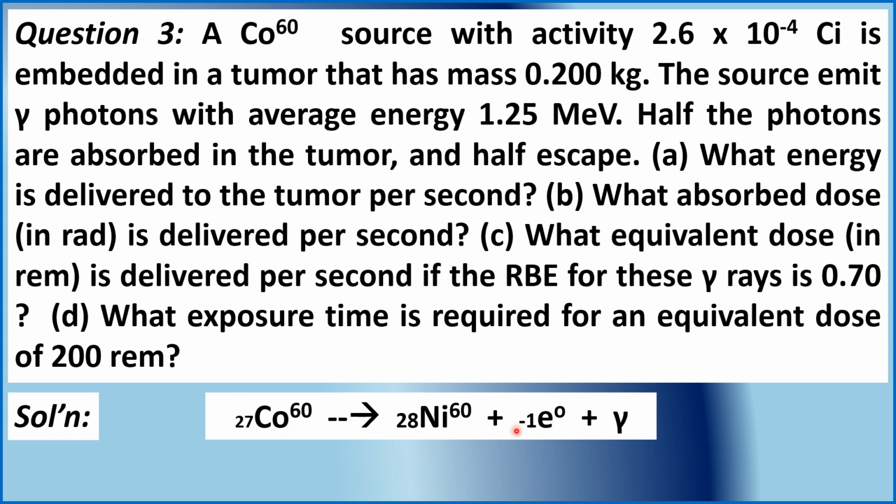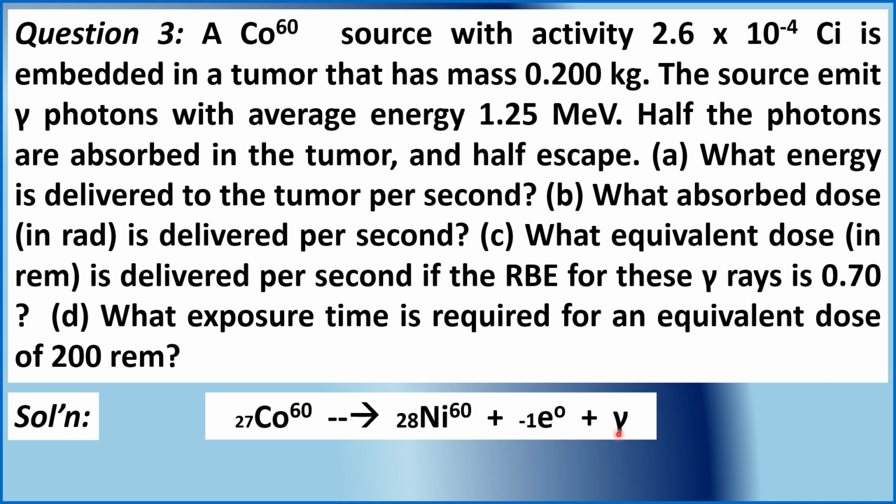Cobalt-60, an isotope of the element cobalt, when it emits gamma, becomes the isotope nickel, whose mass number is also 60. But the atomic number goes from 27, that of cobalt, to 28, because it also emits an electron, or a beta minus particle.